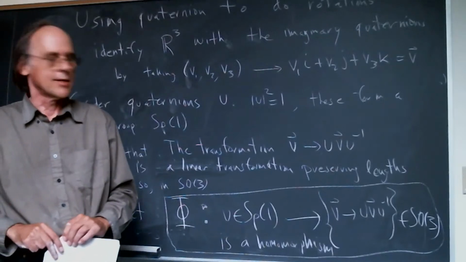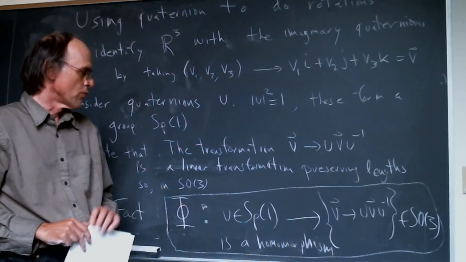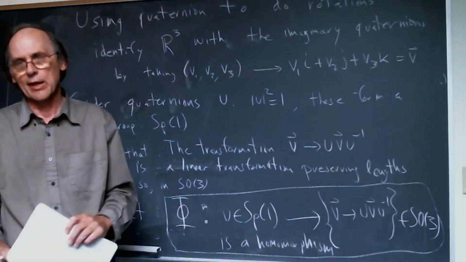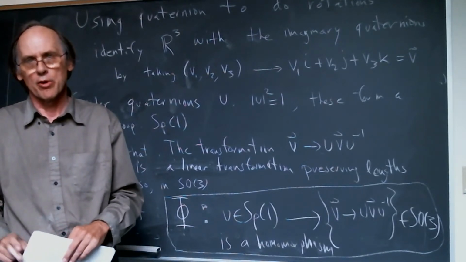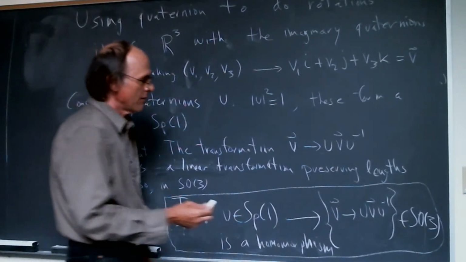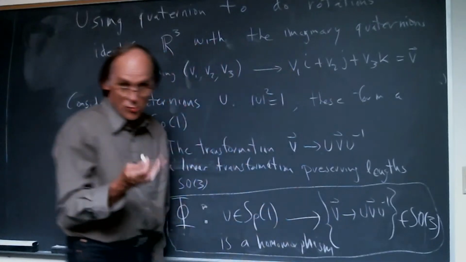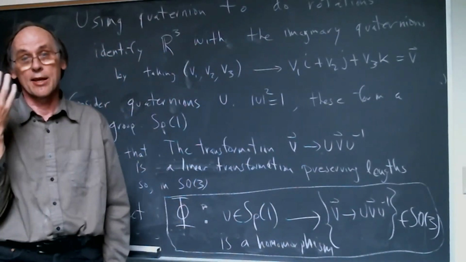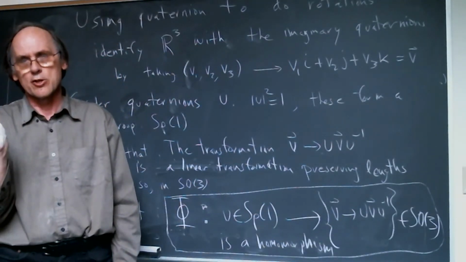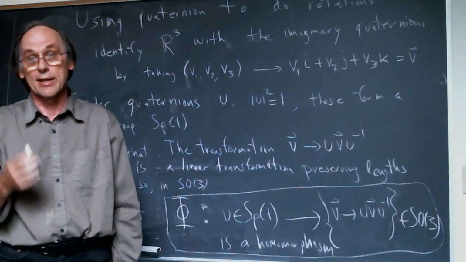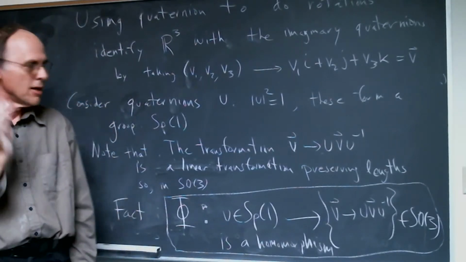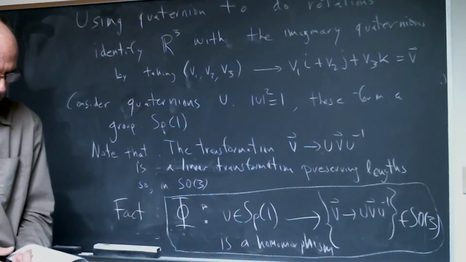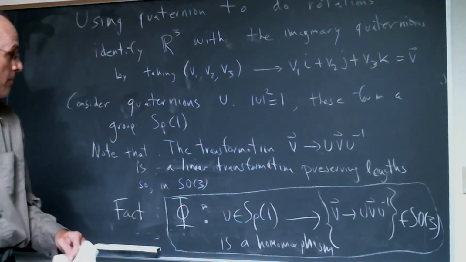It's a completely different way of thinking about rotations, and it involves just unit quaternions, no more 3x3 matrices, just like rotations in the plane can be understood just using e to the i theta. Now let's get into some of the subtleties of this.